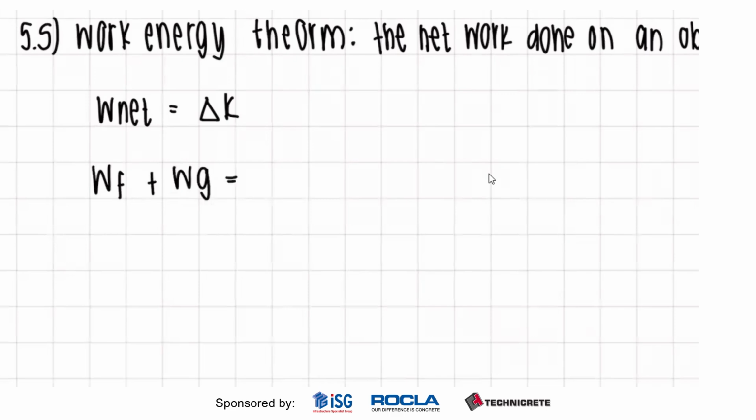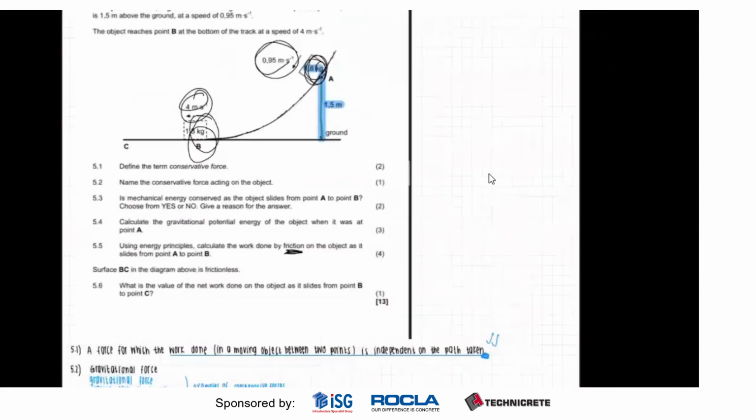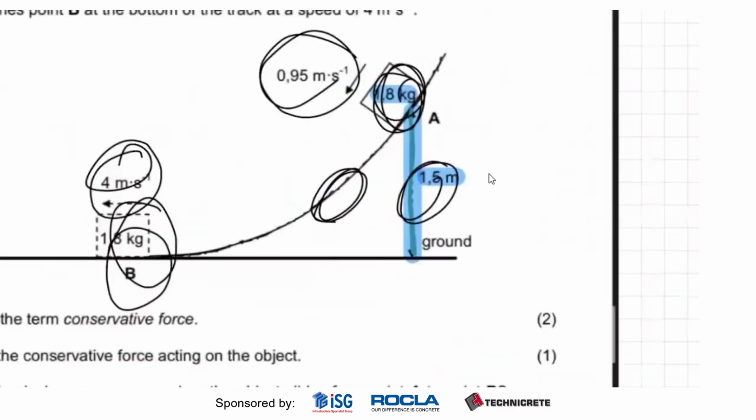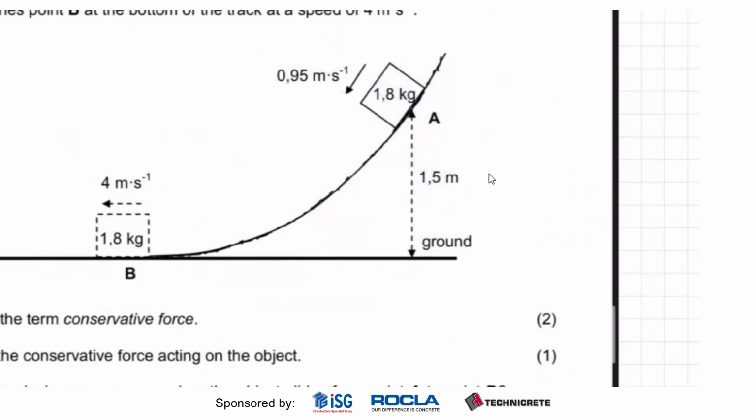Those are the forces acting on this object, friction and gravity, because gravity is pulling us down the slope by the parallel aspect of gravity.